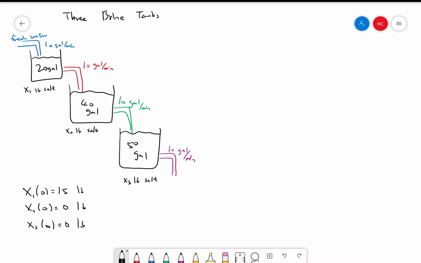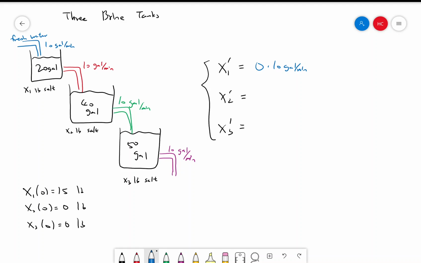Okay, so let's first list the differential equations. The left-hand side is going to be the change of the amount of salt in each tank. Let's see what happens for x1. Water is coming in, so technically the amount of salt coming in is 0 times 10 gallons per minute.